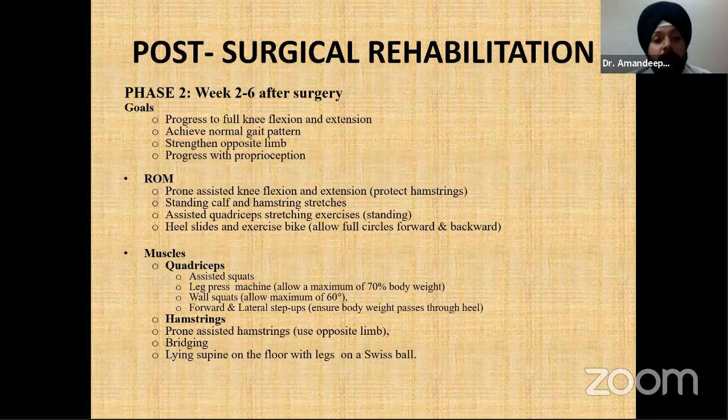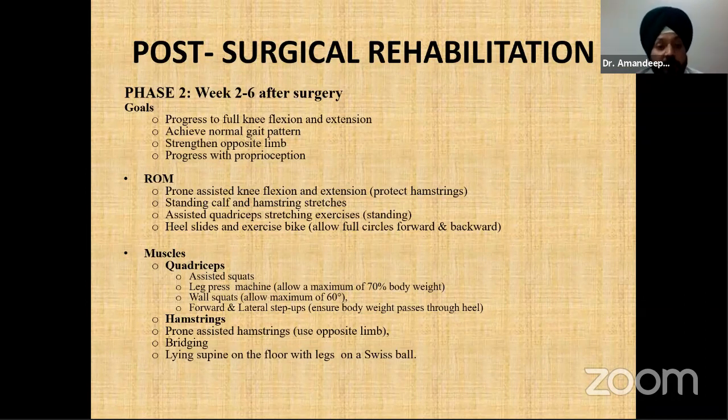Phase 2, in the 2 to 6 weeks after surgery: progress to full range, achieve normal gait pattern, strengthen opposite limbs, and progression should be done with proprioception. Range of motion exercises we are going to progress for hamstrings.